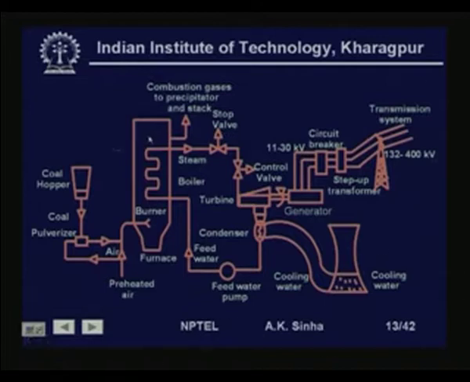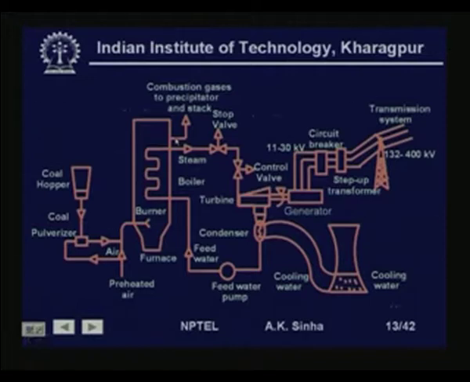Of course, most of the heat of these very hot flue gases is taken away here, but still the flue gases are to be removed, and this is done by means of the stack, the large chimneys that you see in some of the thermal power plants. In order to reduce the pollution, because the flue gases also carry a large amount of unburned coal in very minute particles, you will see the older stations might give you some black smoke.